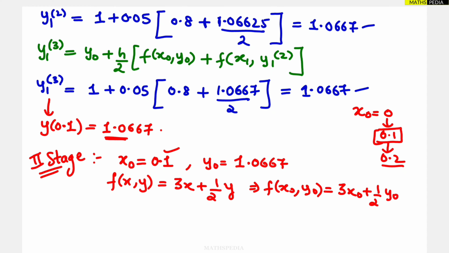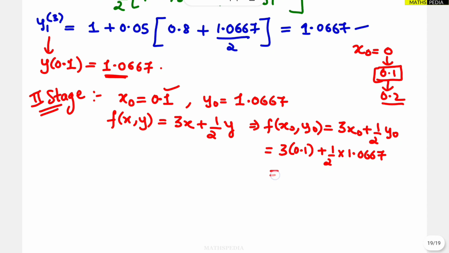So that values if you substitute, you will be getting what? 3 into 0.1 plus half of 1.0667. So what will be the answer? You will be getting it as 0.83335. So this is the value of function of x0 comma y0.